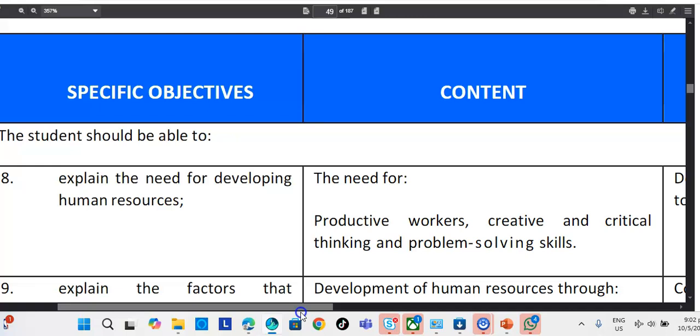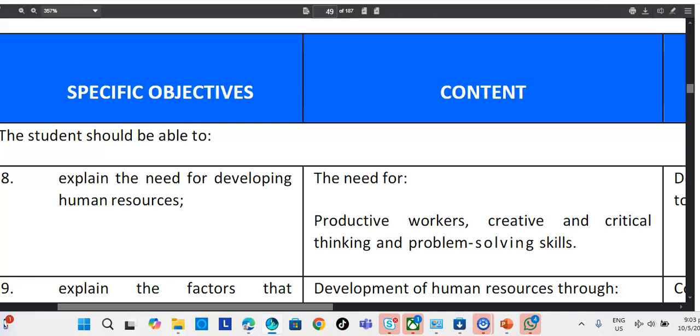Explain the need for developing human resources. When we talk about human resources, we are talking about the skills, talents, and abilities of humans. We need to develop human resources so that we can have productive workers. We can have creative and critical thinking and problem solving skills.